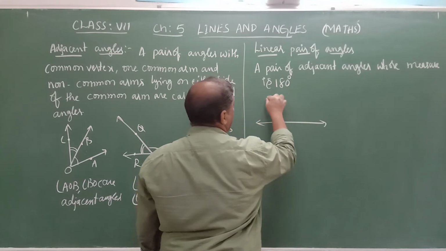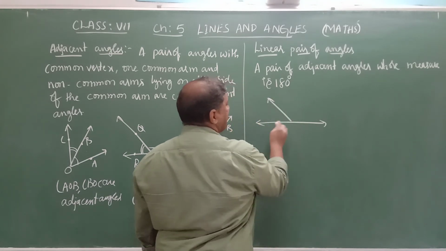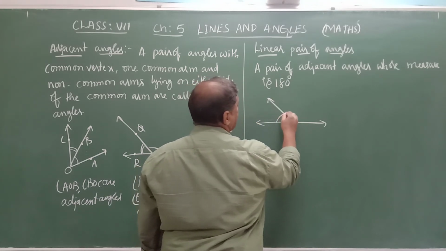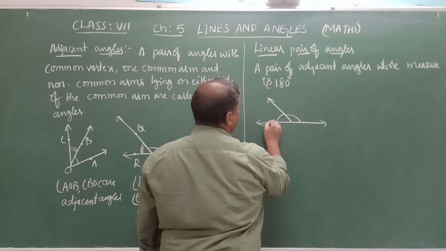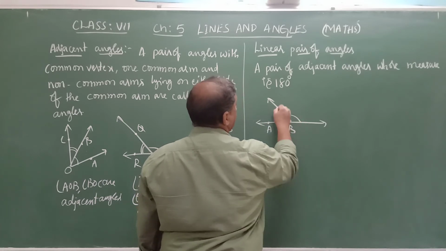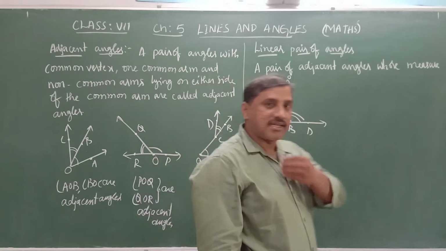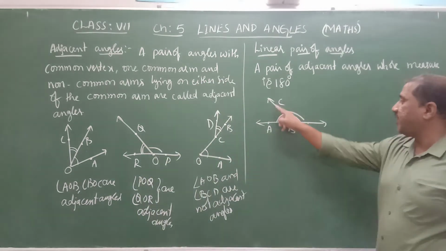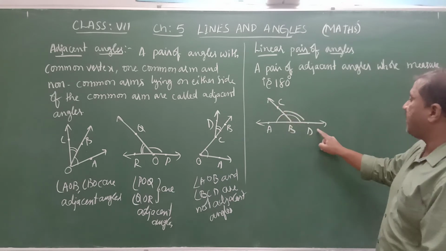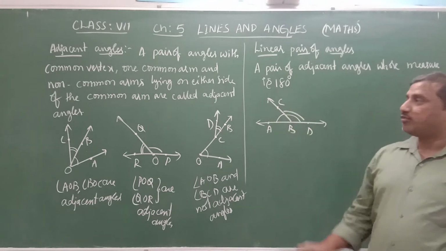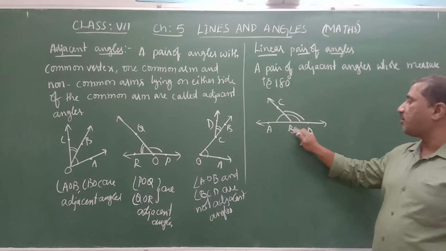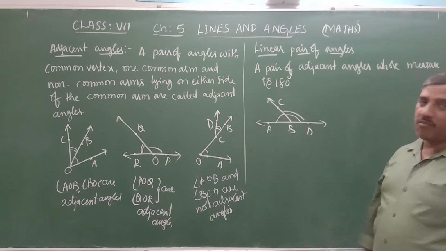You take this, what is this? It is a straight line. We take A, B, C, and D. Here we have two angles: angle ABC and angle CBD. Both are adjacent angles, with the common vertex B and the common arm BC.